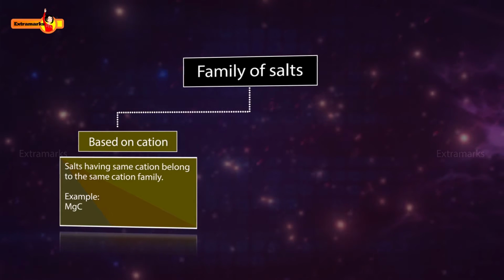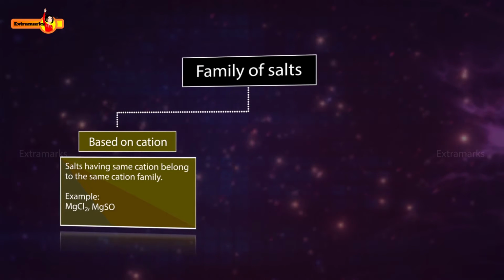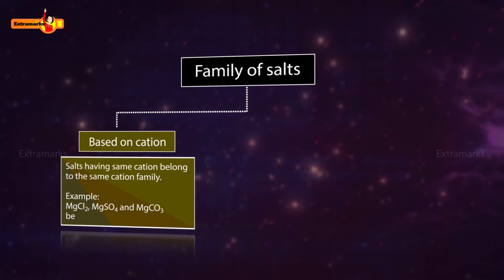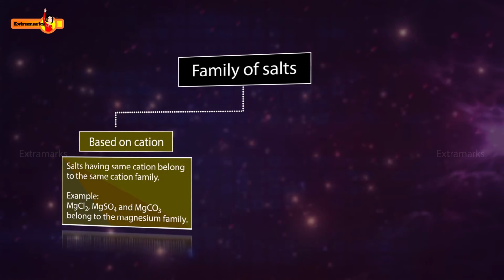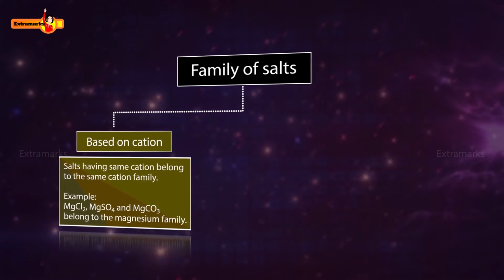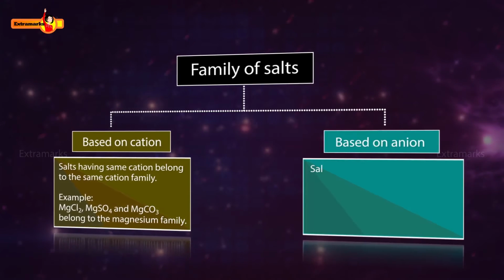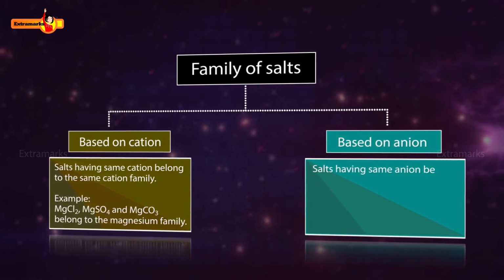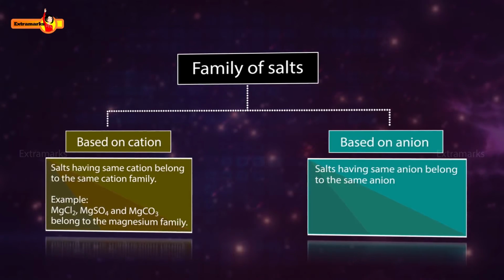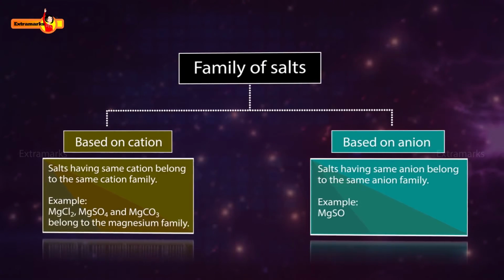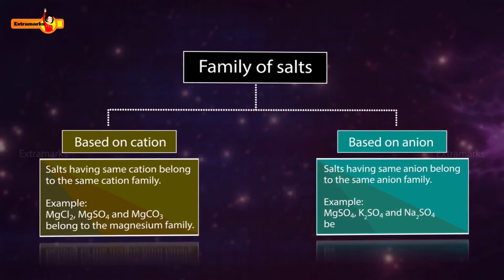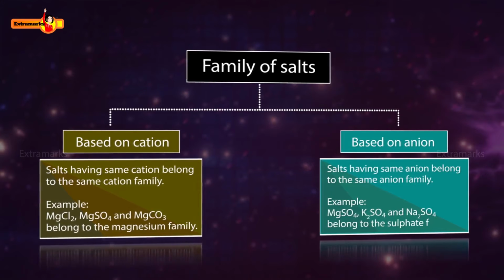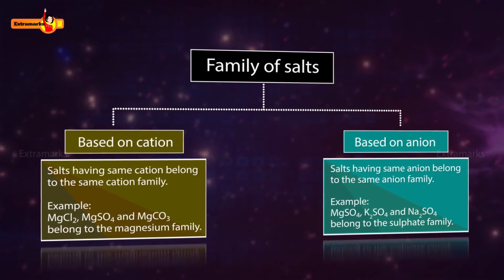For example, magnesium chloride, magnesium sulfate, and magnesium carbonate all belong to the magnesium family due to the presence of magnesium cation in them. And similarly, the salts which have same anion belong to the same anion family. For example, magnesium sulfate, potassium sulfate, and sodium sulfate belong to sulfate family because all of them have sulfate anion.